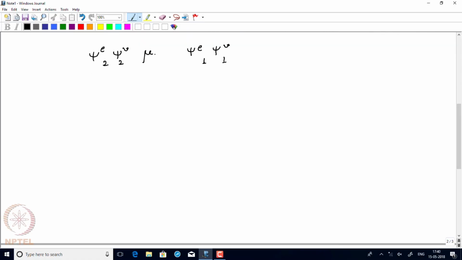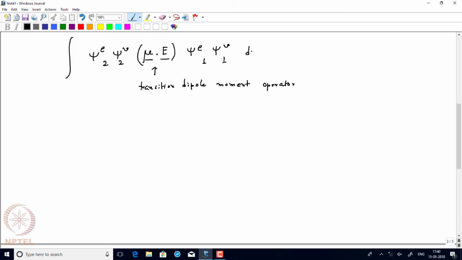This dipole moment, which is a vector quantity, mu dot E, where E is the electric field, is known as the transition dipole operator, transition dipole moment, or sometimes the transition moment. And this is of course an operator because it is operating on the wave function. Then we have to integrate over all possible electronic coordinates.